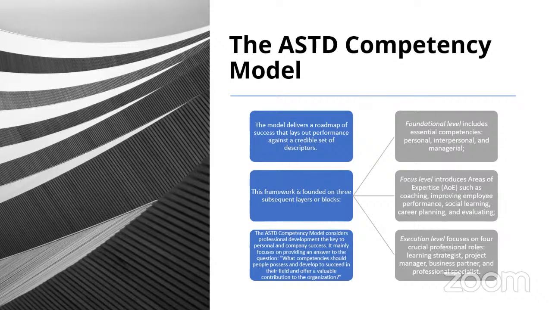Then we have the focus level, which introduces the areas of expertise, such as coaching, improving employees' performance, social learning, career planning, and evaluating. And then we have the 3rd level that deals with education level. It focuses on 4 crucial professional roles: learning strategist, project manager, business partner, and professional specialist.